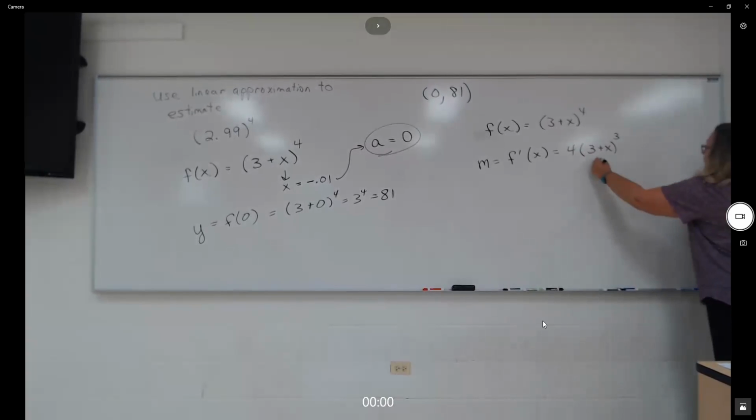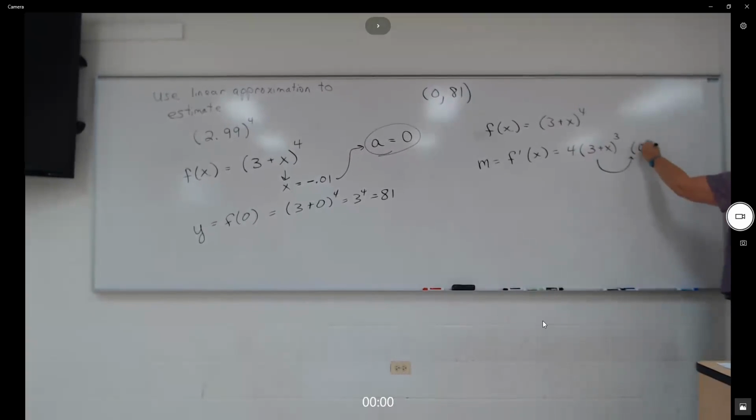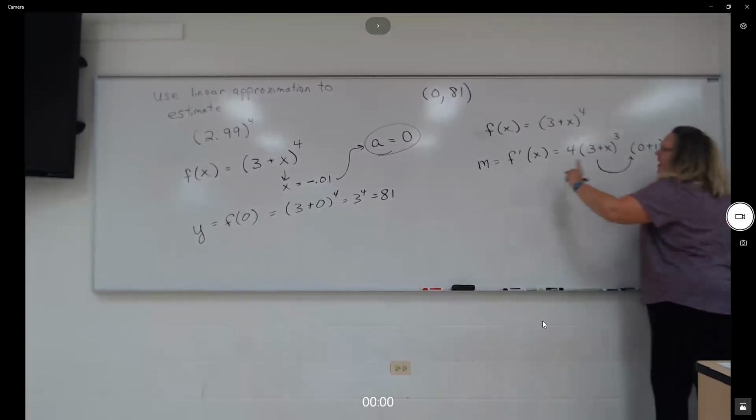So I didn't forget about it, but the derivative is actually 0 plus 1, which is 1, and we're multiplying, so we don't even care about it. If it's minus, then that changes some things. So anytime I can write it, I just always like to use a plus. So in case I forget, no one will know. I never forget.